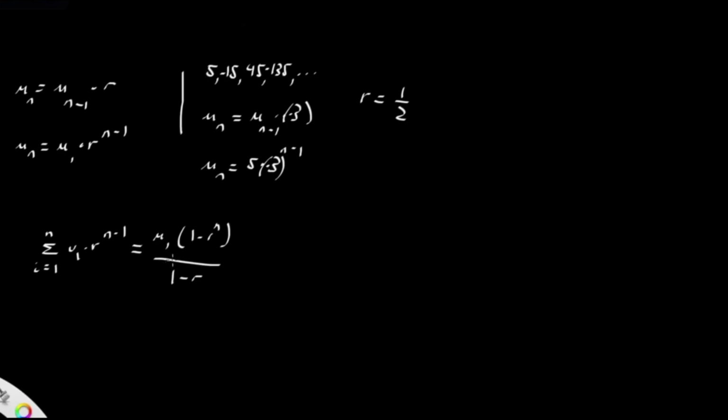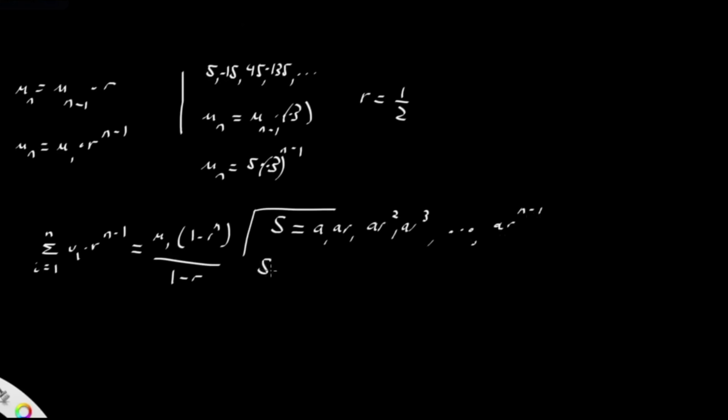You may wonder, how did people come up with this? Let's say we have a sum S equal to a, ar, ar to the second, ar to the third, and so on, until we reach the final term, ar to the n minus 1.